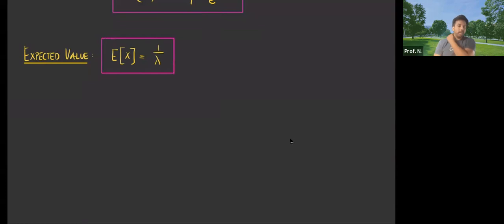Right? That was our expected value, or our mean of our exponentially distributed random variable. And one thing we did not get to cover, which I want to cover now, is the variance.